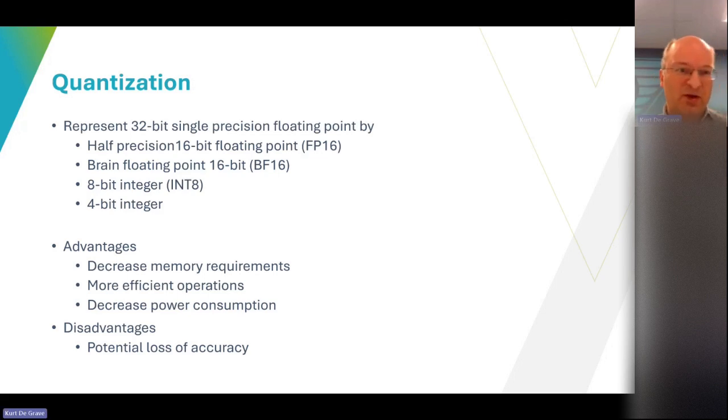Okay, so now we know that the representation of numbers is quite important. Until LLMs, neural networks were always trained in 32-bit floating point.